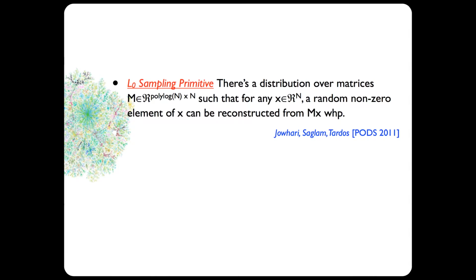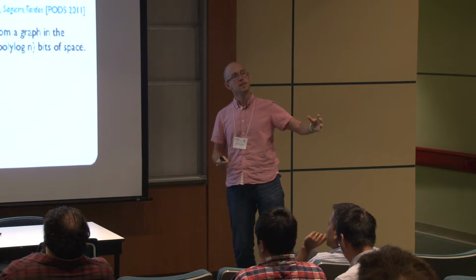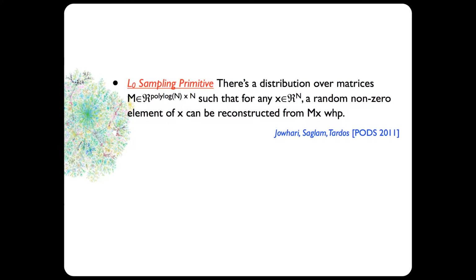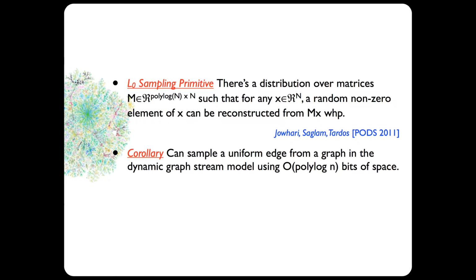And it's actually a random non-zero entry. The corollary of this, in the context of graph streams, is that I can see my sequence of edge insertions and deletions, and I can pick an edge uniformly at random from the graph using polylog n bits of space.